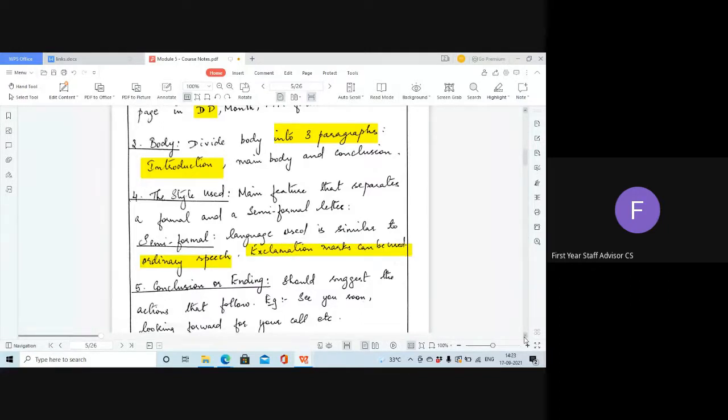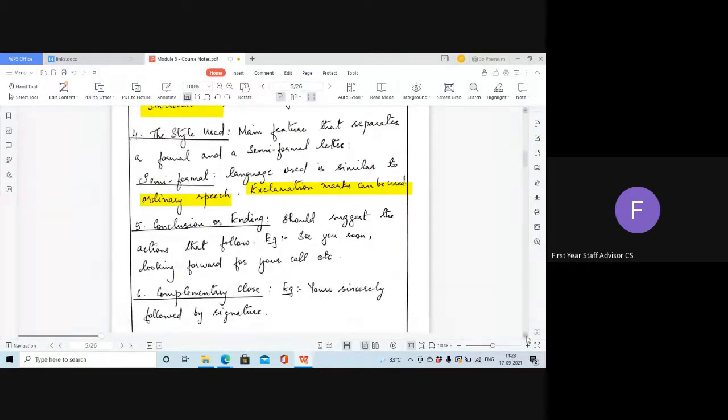One difference. Then, conclusion and ending: it should suggest the actions that follow. In the concluding section, you should write a few good sentences. Whenever you conclude a letter, try to end in such a way that the reader will be able to take action based on your complaint.